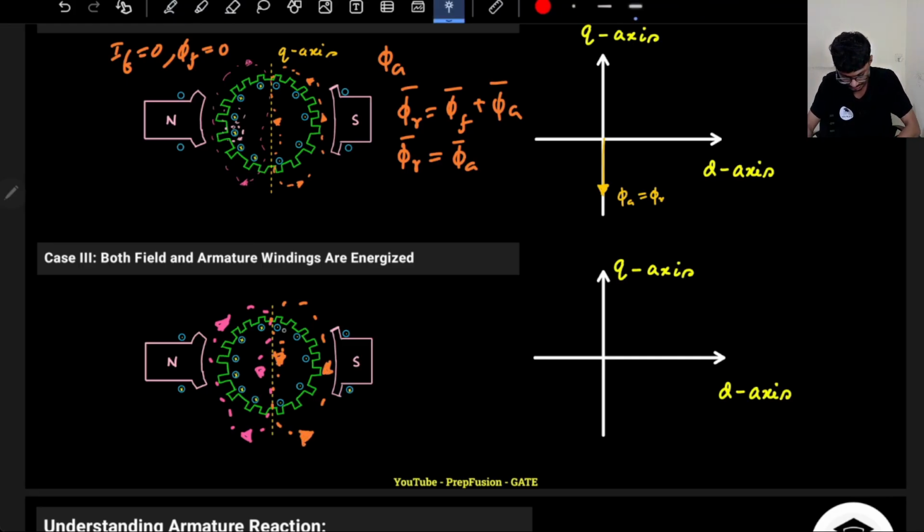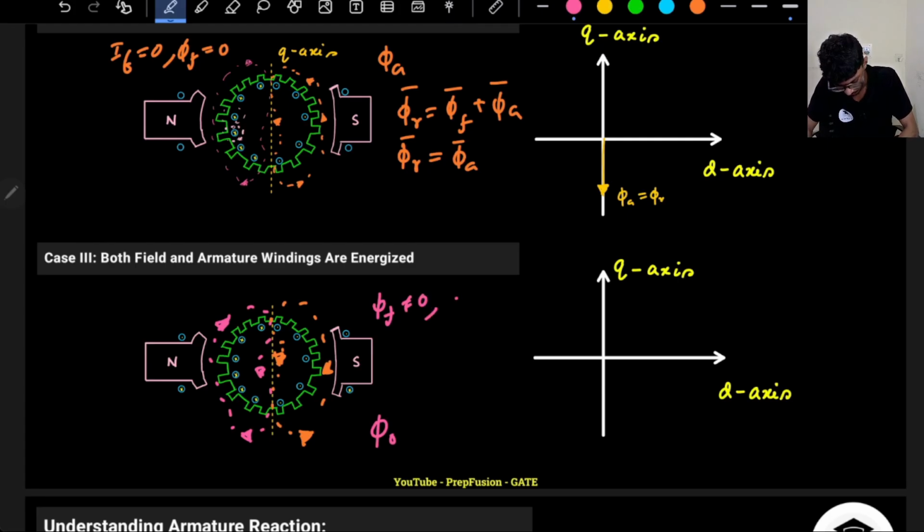So along the q axis, this time my phi f is not equal to 0, phi a is also not equal to 0. So my resultant will be the vector sum of phi f plus phi a, right? The direction of the armature flux is downwards, phi a.